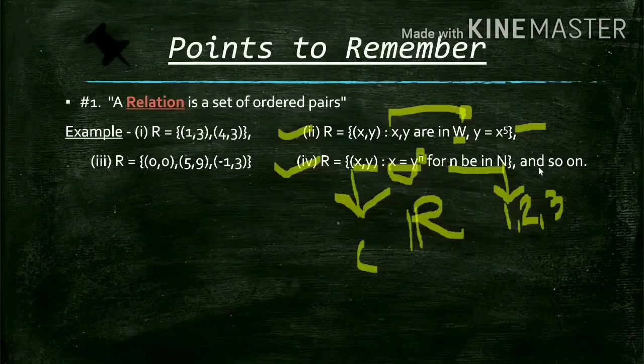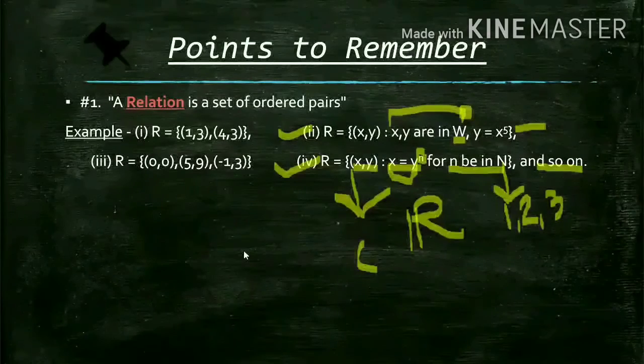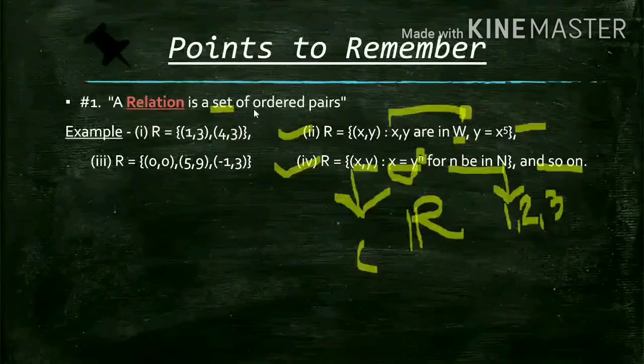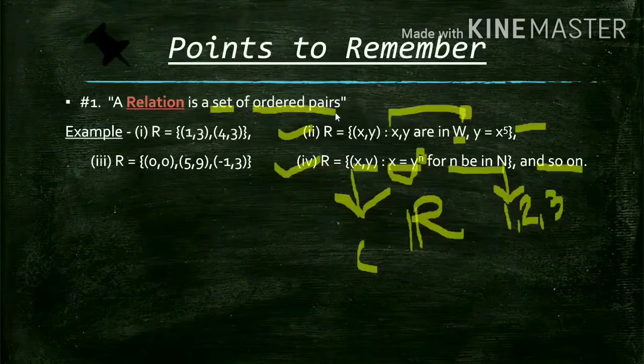I hope you are clear with the relation. We have an infinite number of possible examples for a relation. It's an easy property: just remember that a relation means a set of ordered pairs. Nothing else. Clear? Okay.